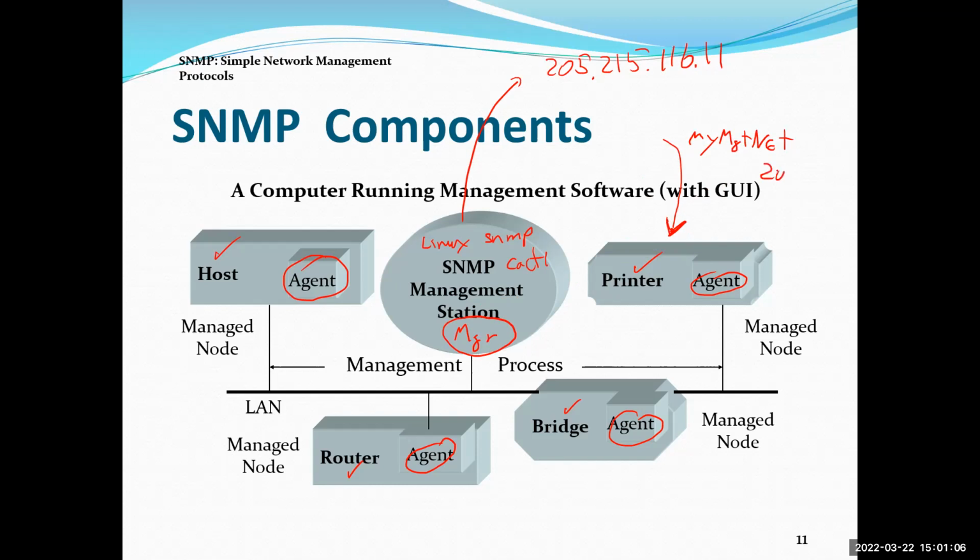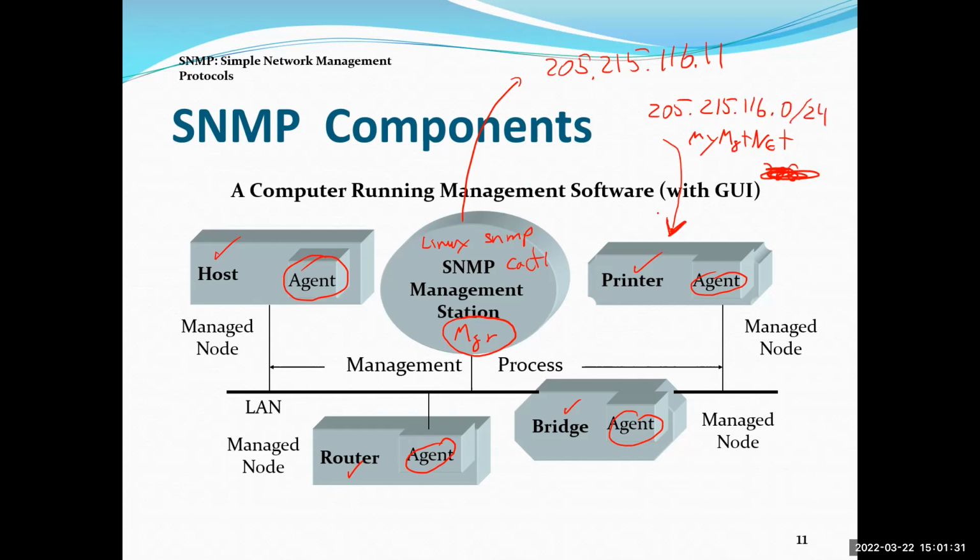is 205... Oops, I'm just going to scratch that. All right, so my network is 205.215.116.0/24, right?